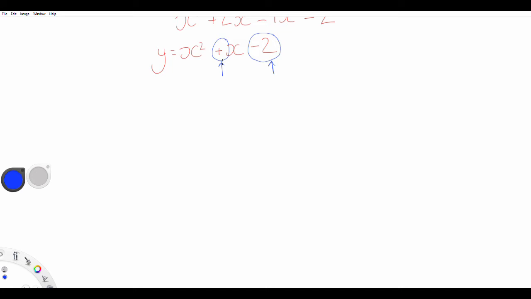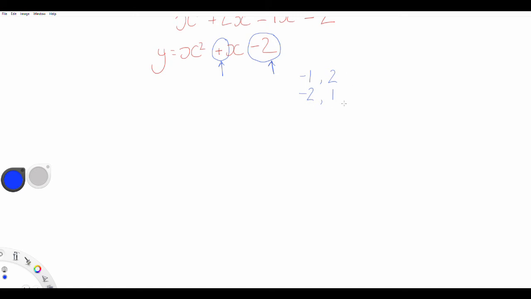And that is purely by the way in which we've expanded those brackets. So if we were to think of numbers that we could times together to make minus 2, we could have a minus 1 and a plus 2, or minus 2 and a plus 1. There's nothing else that is going to times together to make negative 2. There's only those two variations.